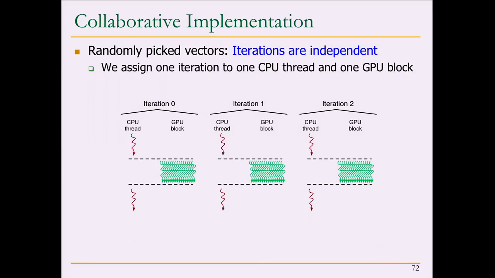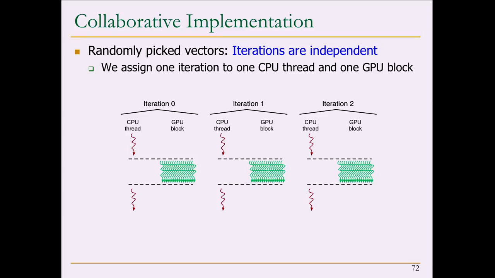So that is a good example of fine-grained data partitioning, because this is also an iterative algorithm. Because the vectors are picked randomly, we can have all the iterations at the same time, and each of the threads, like couples of CPU thread and GPU thread blocks, processes each of these iterations in parallel.